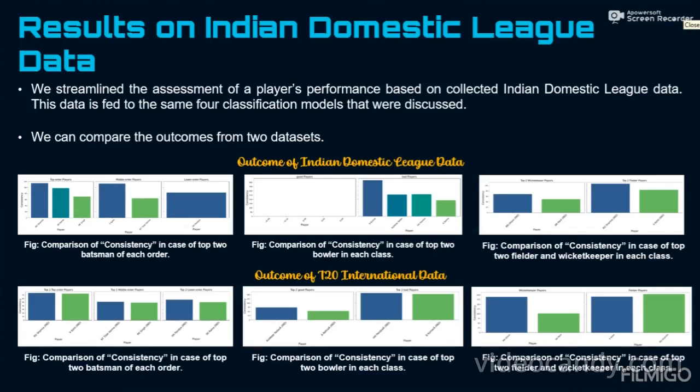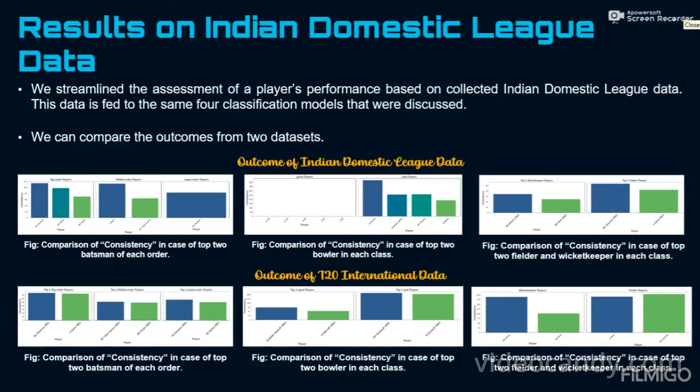We observed significant variation in model performance, largely due to home ground advantage and other localized factors, making international data more reliable. And you can see here the outcome of the Indian Domestic League and the outcome of the T20 data set for batsmen.